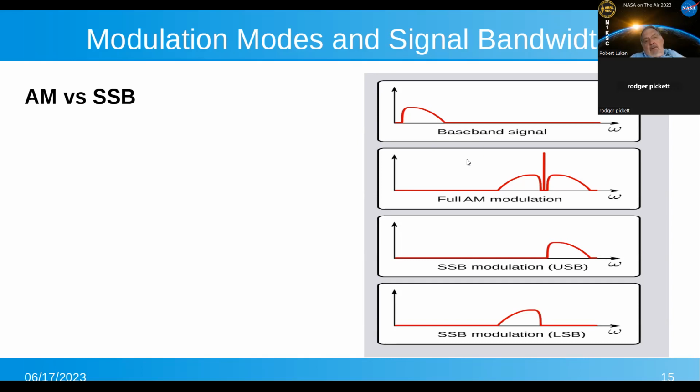So when we modulate it with standard AM, we get that signal shifted up in frequency by whatever your carrier or your local oscillator is. So you see over here is this upper sideband. You get a mirror image of it as a lower sideband, and they're separated by whatever the intermediate frequency is, and then the carrier in the center.